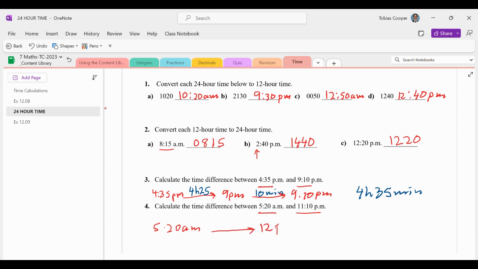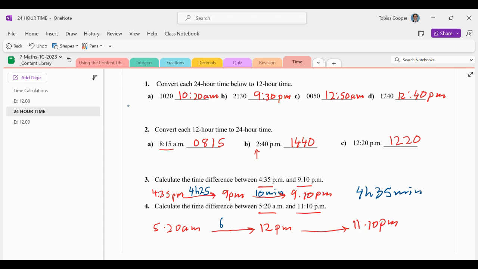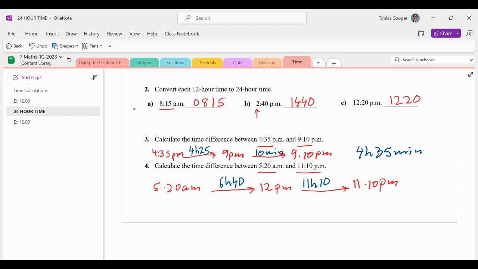So in other words, 12 p.m. And then we're going to jump from there to 11:10 p.m. So that will be 6 hours 40 to get to 12 p.m. and then that'll be 11 hours 10. So if you add those two together, it'll be 17 hours and 50 minutes as the time difference. Okay.